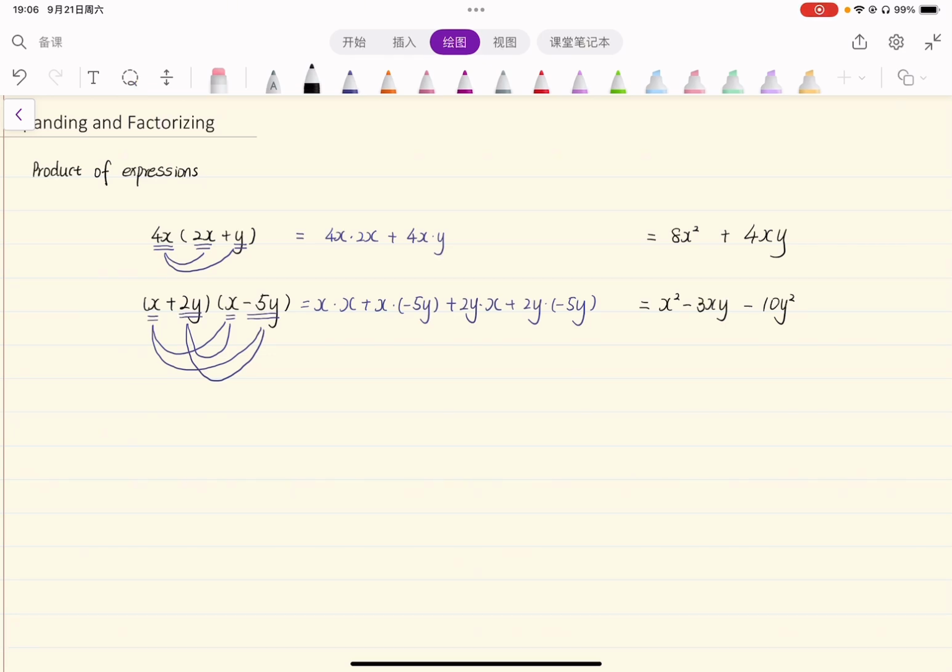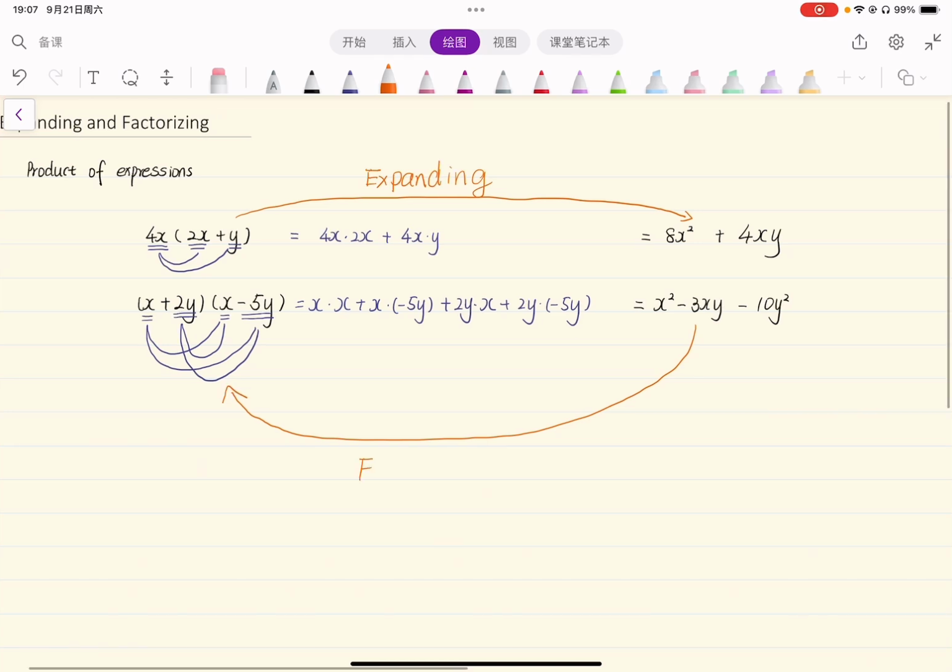So from the left-hand side to the right-hand side, this process we call expanding. Well, how about factorizing? Factorizing is opposite to expanding. That is from the right-hand side to the left-hand side. That is factorizing.